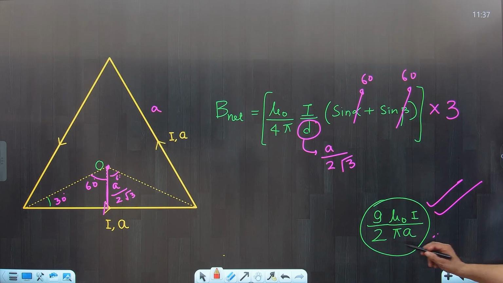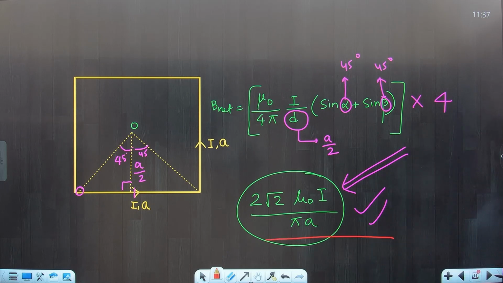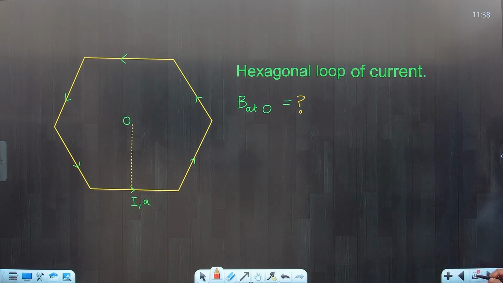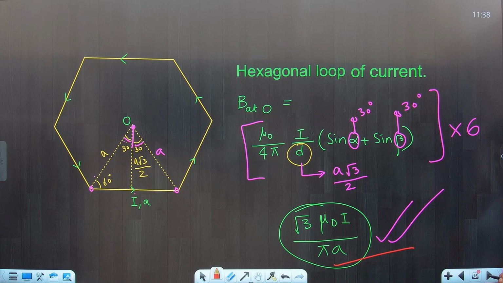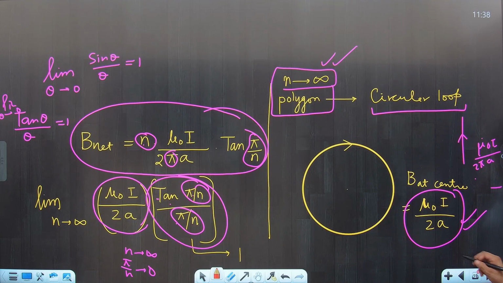Due to an equilateral triangle it was this much, due to a square it was this much, due to a hexagon it was this much, and due to a circle it is this much.